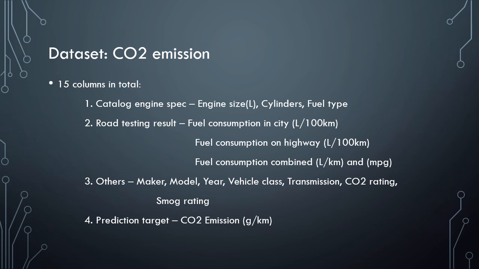There are some other columns too, such as maker or manufacturer, if you can say, and the model, vehicle class, and so on. And finally, the target column, which is CO2 emission measured in gram per kilometer.